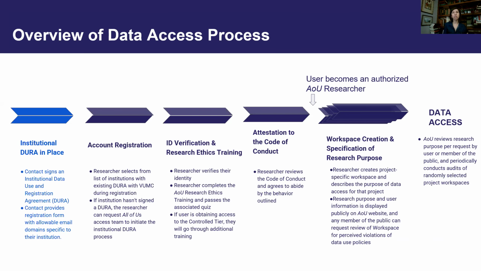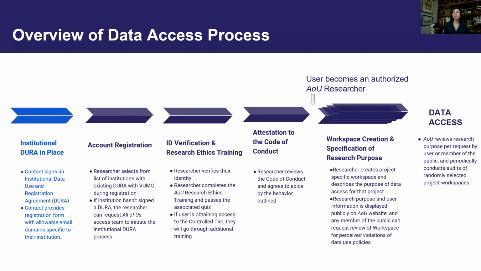Once those contracts are in place, a researcher is then moving through the process on their own. So this starts with registering your actual account, as in creating your credentials on the Workbench platform, verifying your identity and completing research ethics training. We have research ethics training, responsible code of conduct training that everyone completes, as well as a second course specific to controlled tier considerations for those researchers who access it.